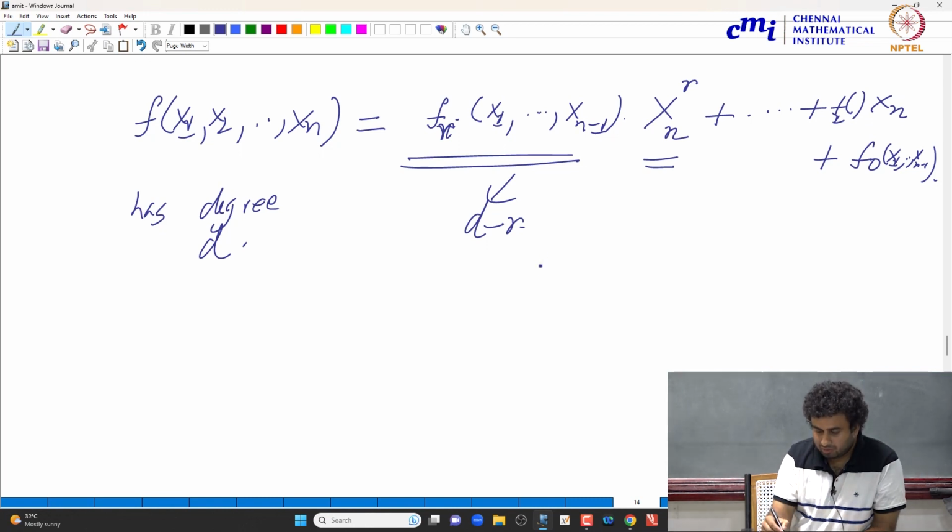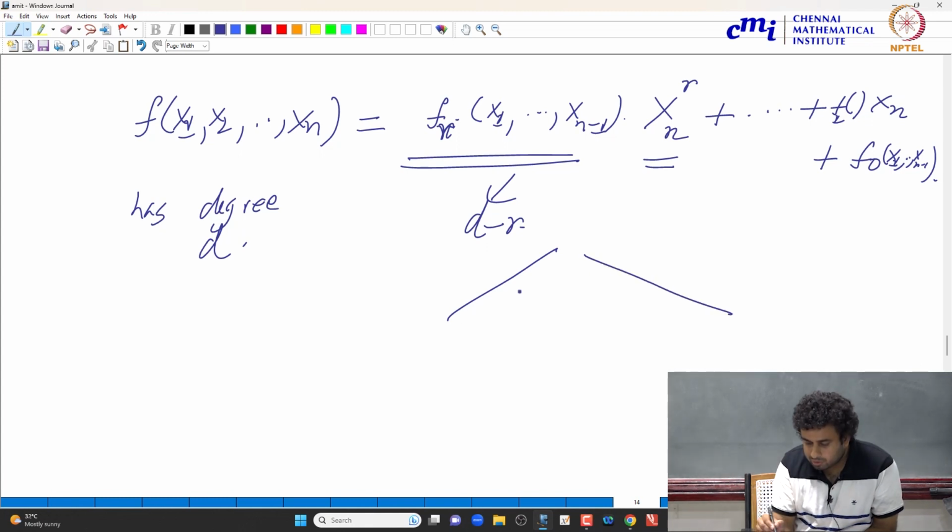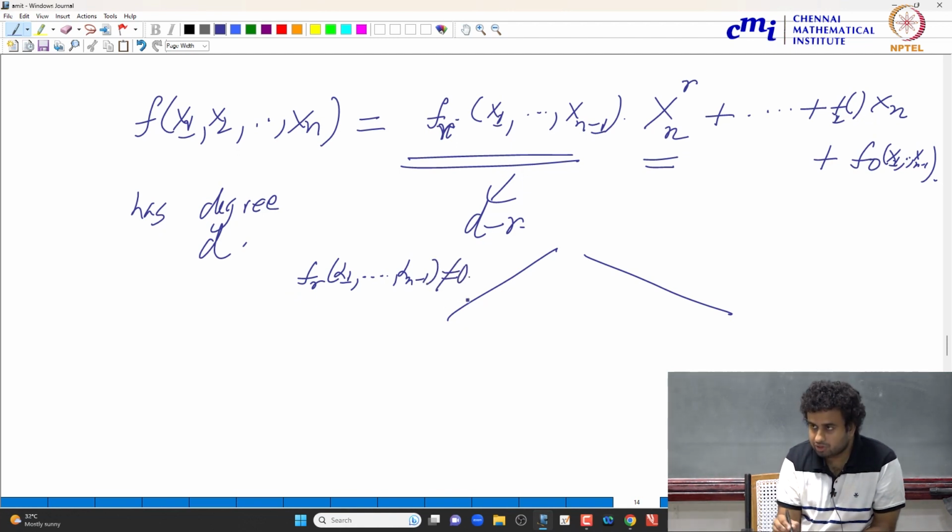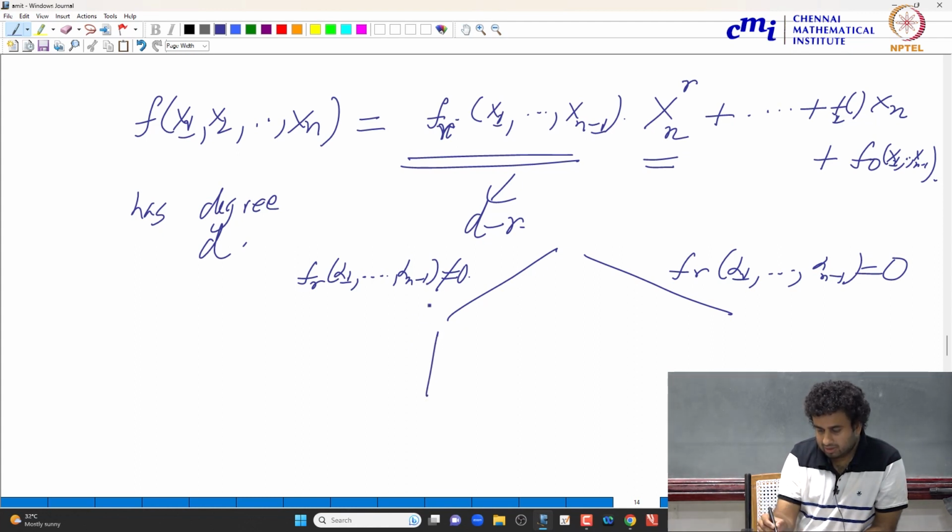So you can branch out: one case is this is non-zero, another case is this is 0. If it is non-zero, after we substitute alpha n in xn, it can still be 0. So it is like conditional probability.